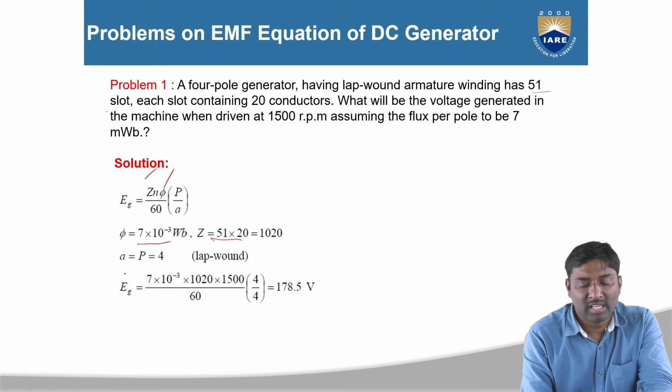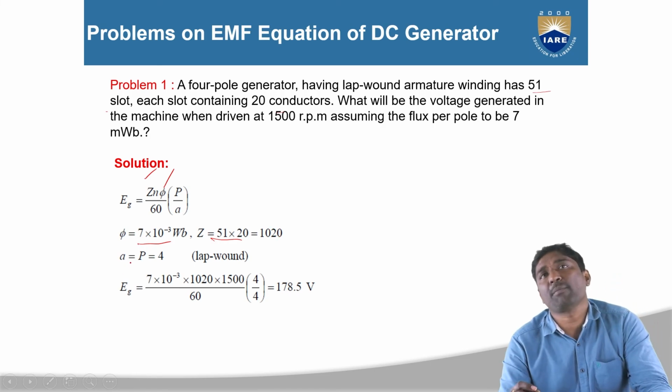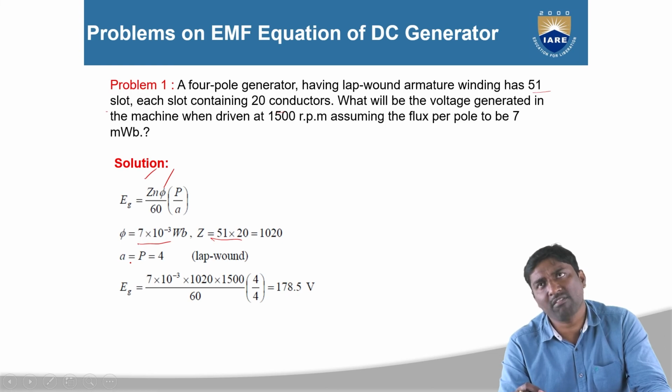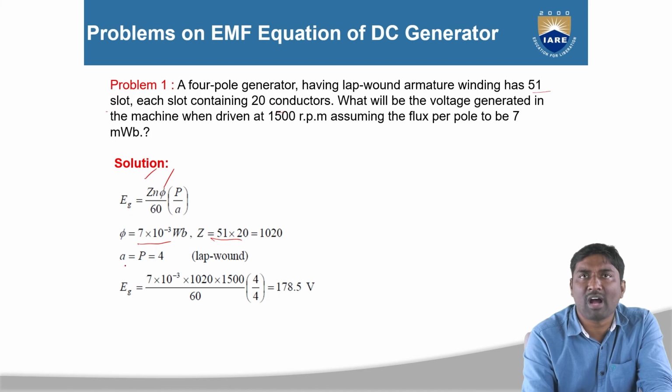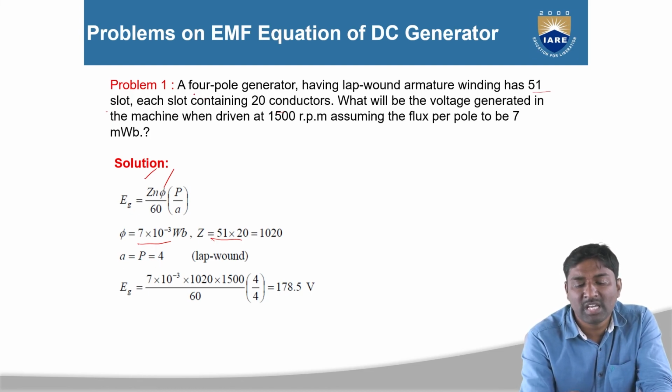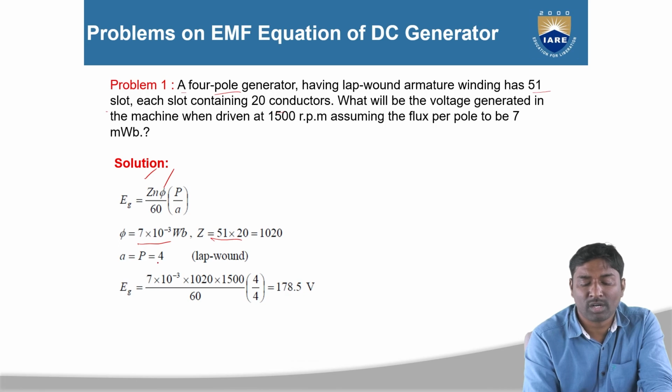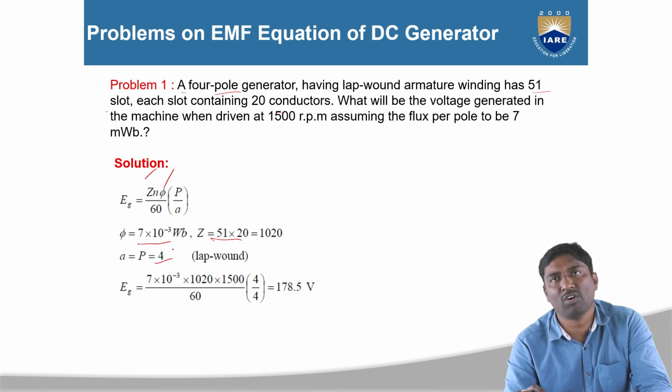Which type of winding is this, lap winding or wave winding? It was given in the problem as lap winding. The number of parallel paths is equal to the number of poles of the machine. A 4-pole generator is given, so the number of parallel paths is equal to 4.